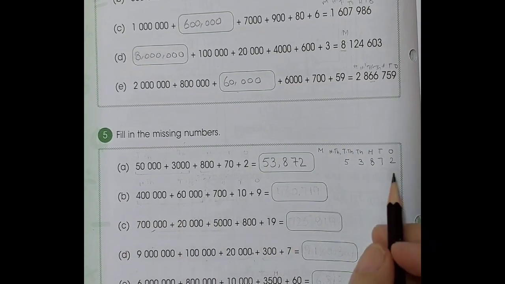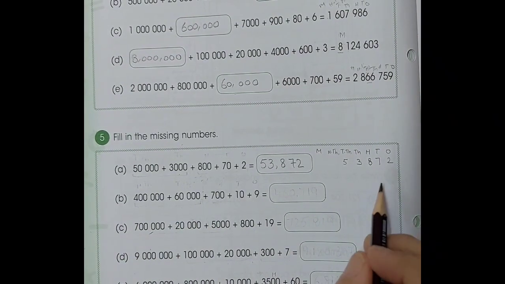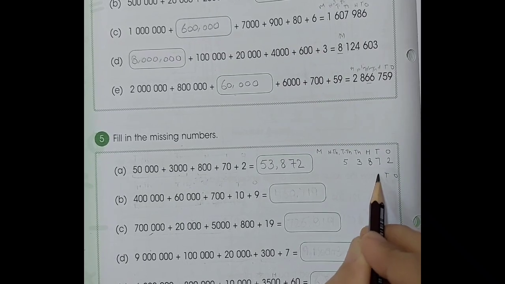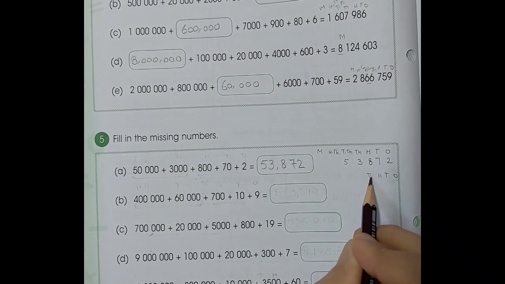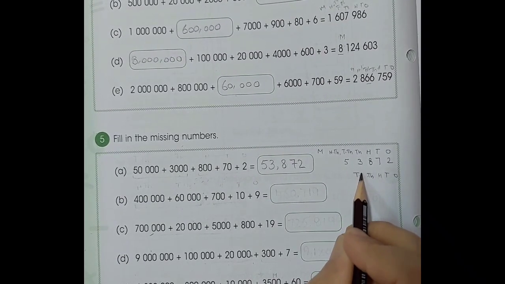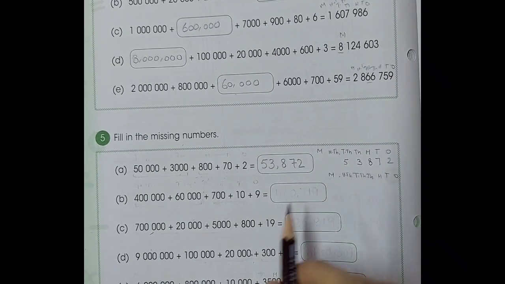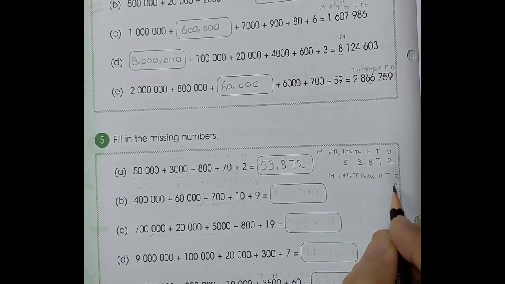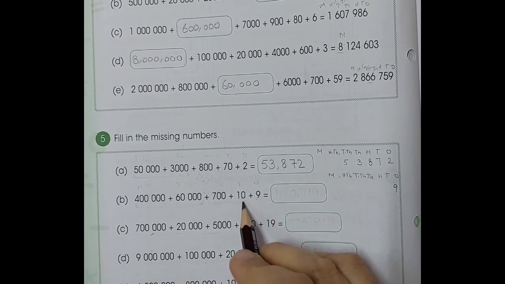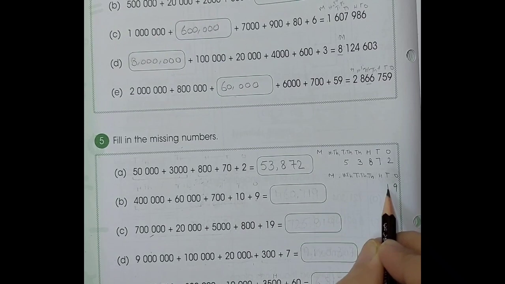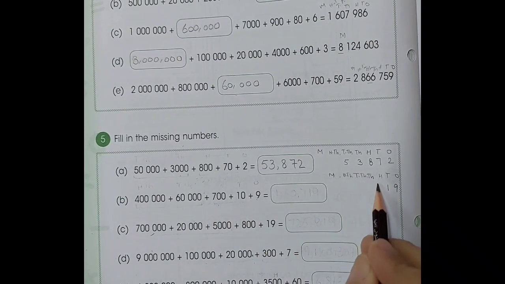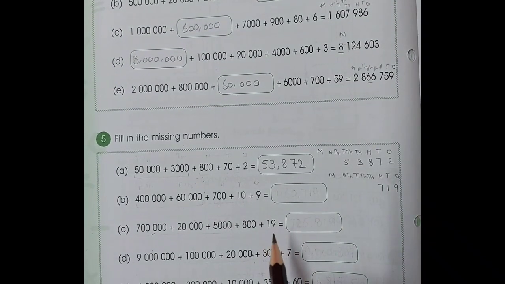In part B, again what we have to do, we have to write the numbers at ones place. Ones, tens, hundred, thousand, 10,000, 100,000, and then million. So ones place we have 9, we will write 9 here. Tens place we have 10, we will write 1 here. 700, 7 will come under 100.